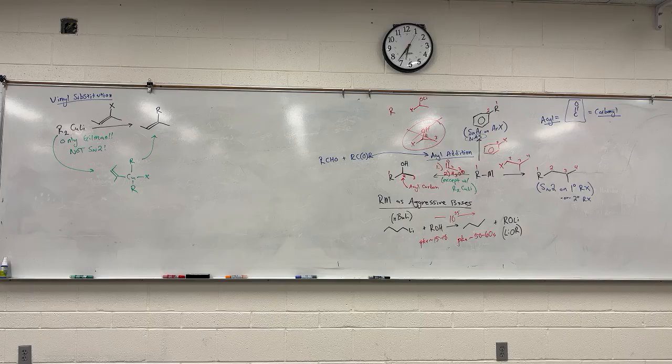Do you agree? After step 3, I'll have R2CuLi. But that doesn't actually give me a new group, does it? A new carbon group. So you've got one step left.